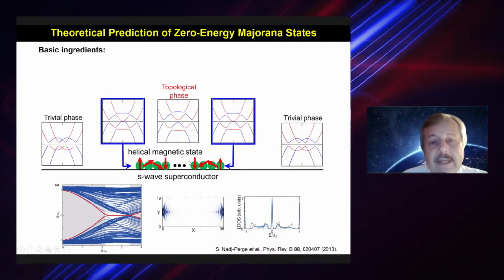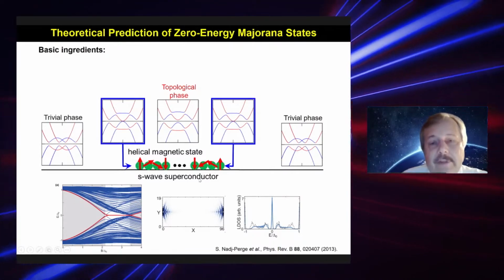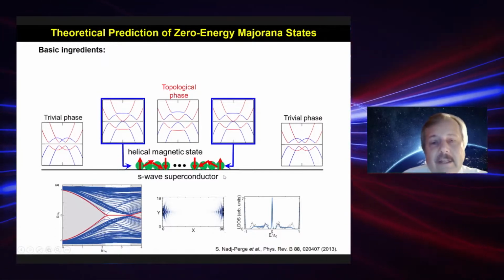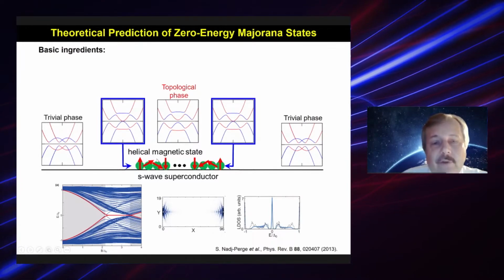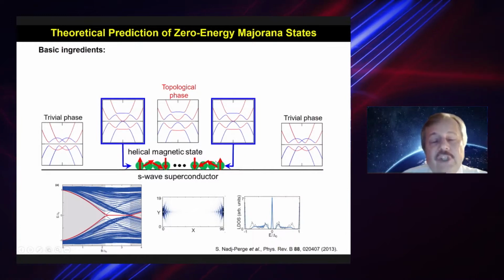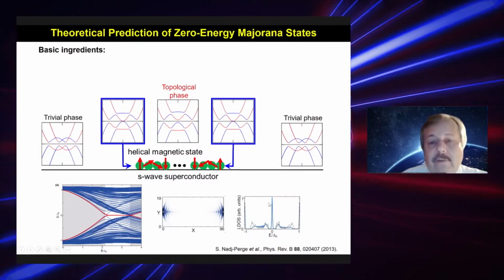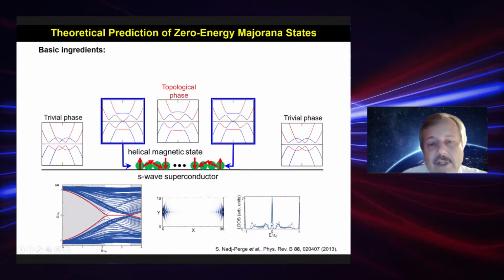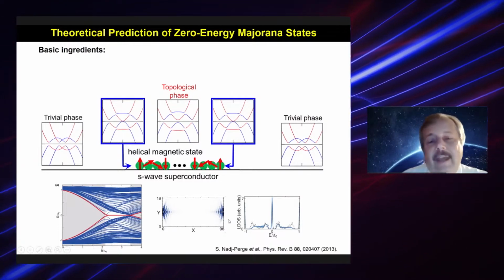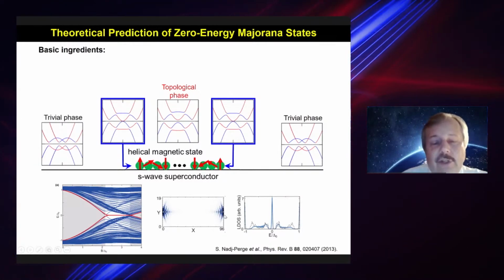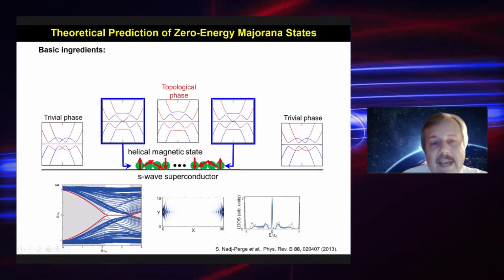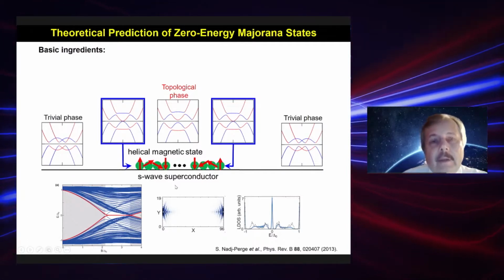However, this is not an easy task because you have to have tools which allow for the fabrication of very well-defined atomic spin chains. You have to control the magnetic state of the chain, you have to have very high spectral resolution to probe these zero energy modes, and you have to have a high spatial resolution to really see the localization of these zero energy modes at the ends of those chains.